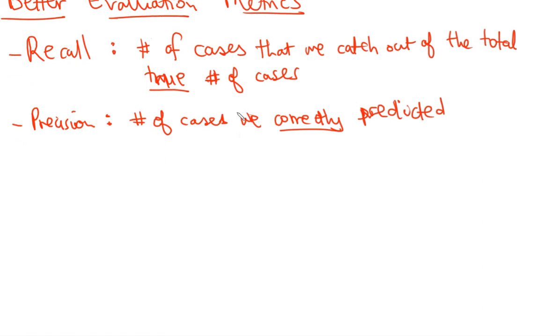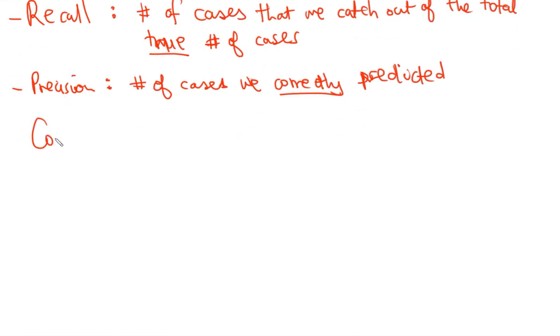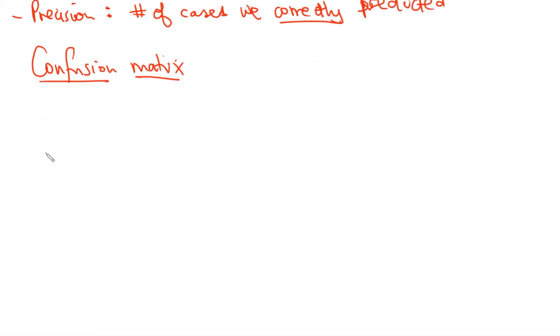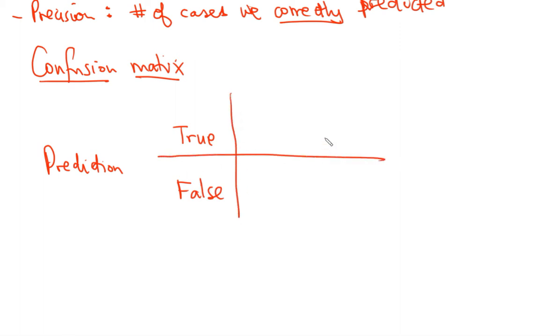We can talk about something called a confusion matrix. Maybe that will make it much easier. So let's set up something here. Here we're going to put our predictions. So here we're going to say true, we've predicted a true. Here we've predicted a false.